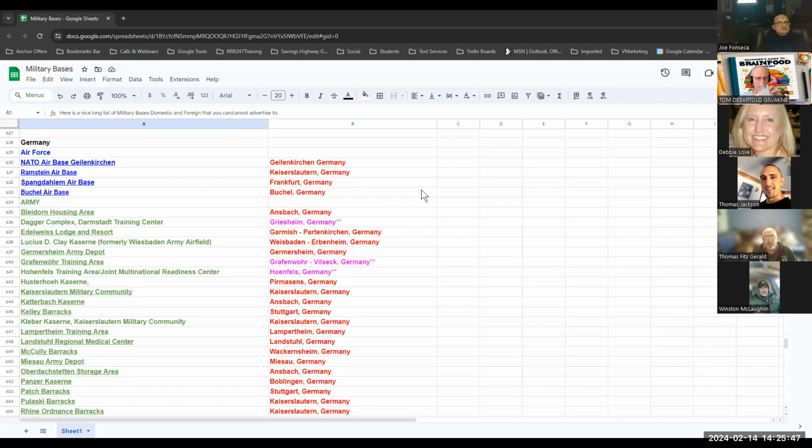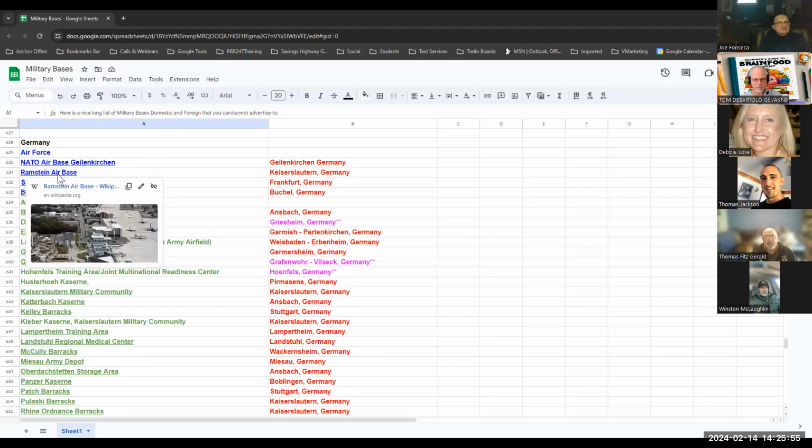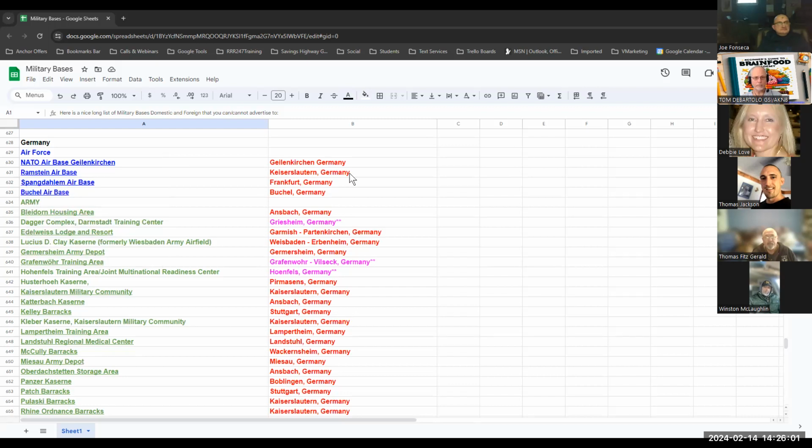So for example, probably the biggest military base in Germany is Ramstein Air Force Base. That is in Kaiserslautern, Germany. So what you want to do is advertise specifically to the military in Kaiserslautern.